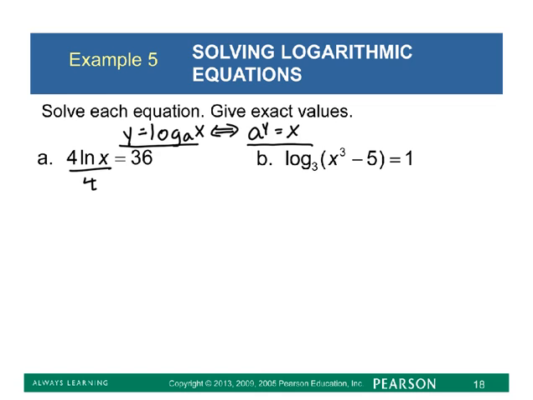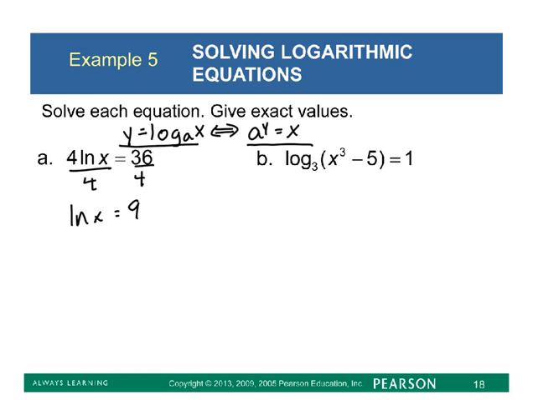We're going to divide both sides by 4 first. So we want to get our logarithm all by itself before we change it into its exponential form. So get ln of x equals 9.